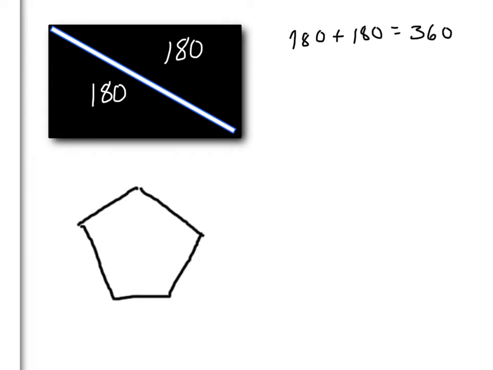Now, you'll notice a rectangle has 4 sides. And you'll notice that triangle has 3. Now, if I look at the pentagon, and I do the same thing with the pentagon, I want to create as many triangles as I can with the pentagon using one vertex.